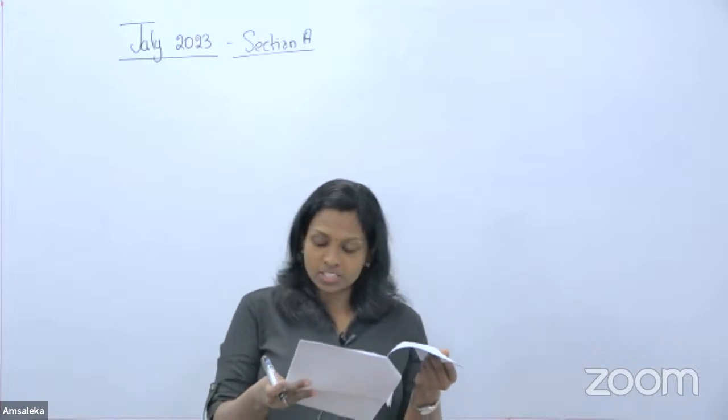You can see there are a few MCQs, and fill in the blanks, true or false, and some answering questions. Each carries 2 marks, so totally 40 marks are given for you all.